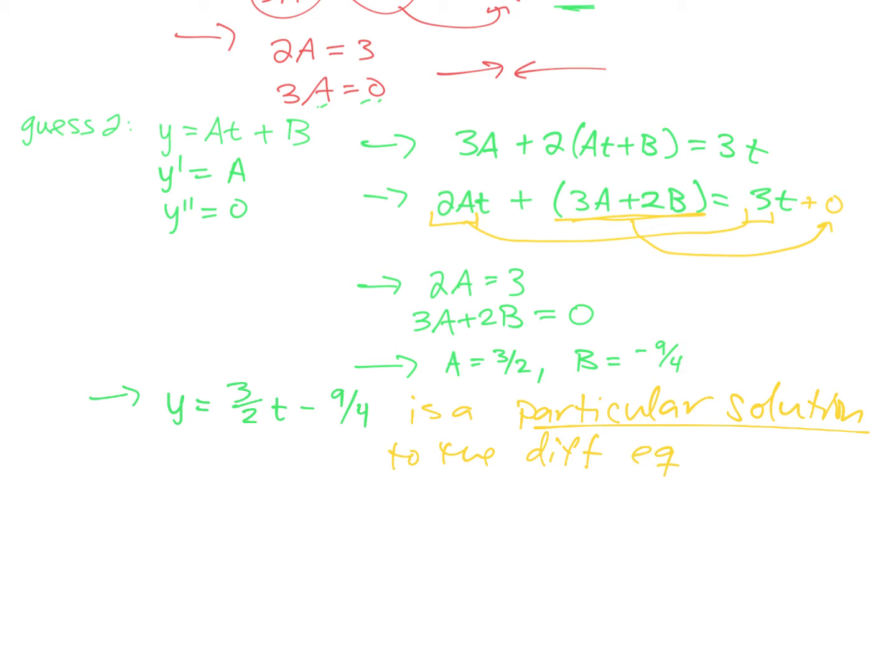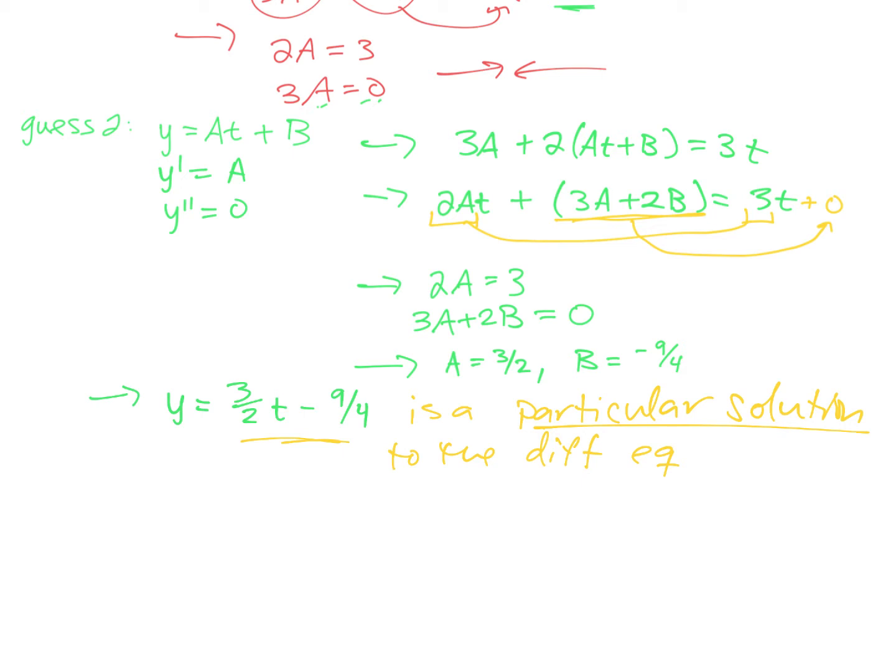You notice it doesn't have any constants in it, and we didn't even have any initial conditions. If we had initial conditions, we wouldn't be able to make sure that this satisfied them because we don't have any constants to manipulate here.